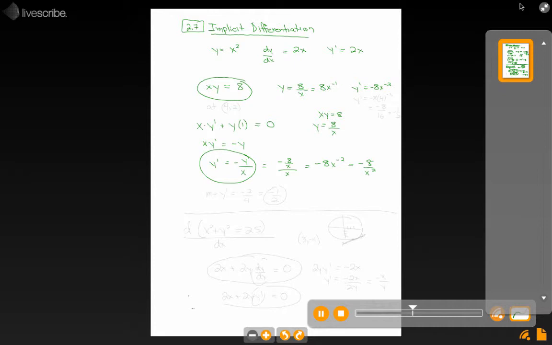If we were to say a certain point on this graph, 4 comma 2 is clearly on that graph, the derivative that we got in the first instance would be negative 8 times 4 to the negative 2, which would be negative 8 over 16, negative a half.